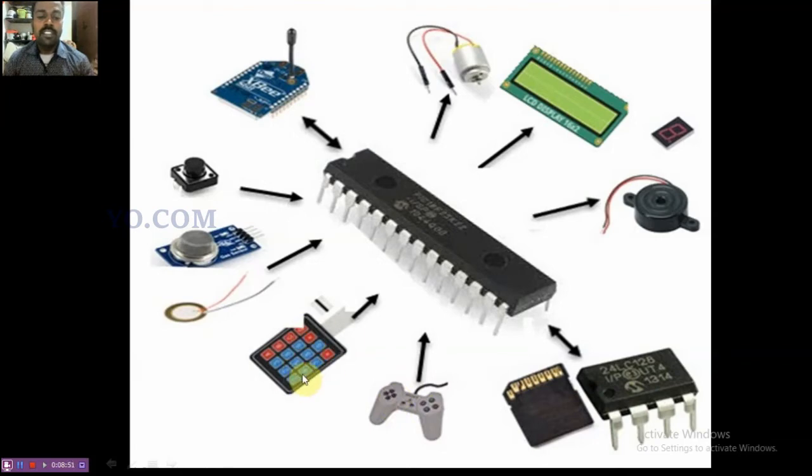Then this is a 4x4 matrix keyboard, then some windings. Then this is a sensor, a proximity sensor, a small switch, and an RF receiver or RF transmitter. All these devices, and more, we can connect with the 8051 microcontroller in the easiest manner. The microcontroller is mainly for some particular operation, because its memory is very low.